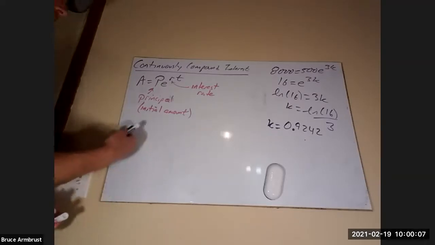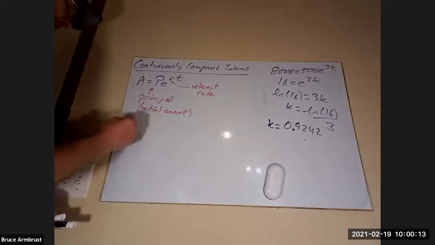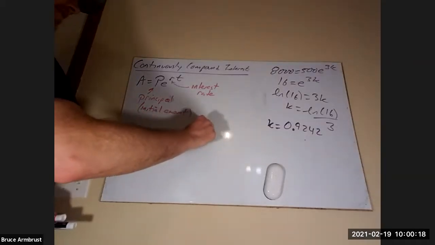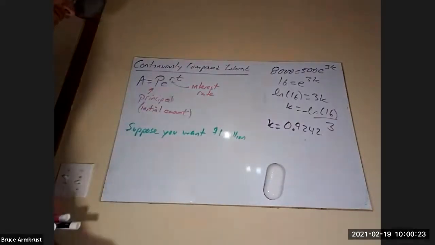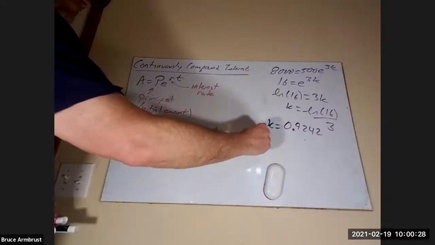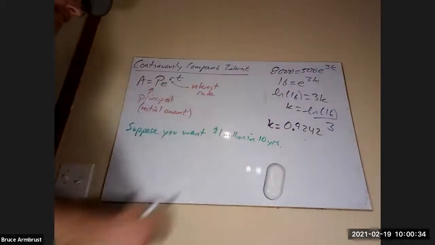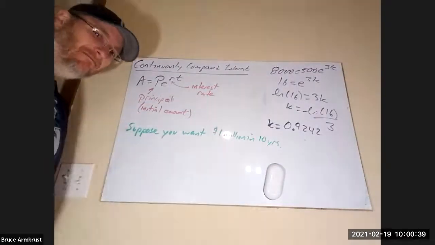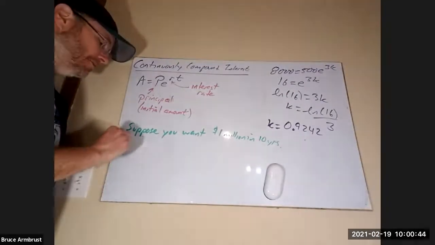All right, so let's just do this. Suppose you want $1 million. And you want this in 10 years. Because you're thinking to yourself, all right, so if I can get $1 million in 10 years, I'll be set. Life will be good. All right, here's my question.